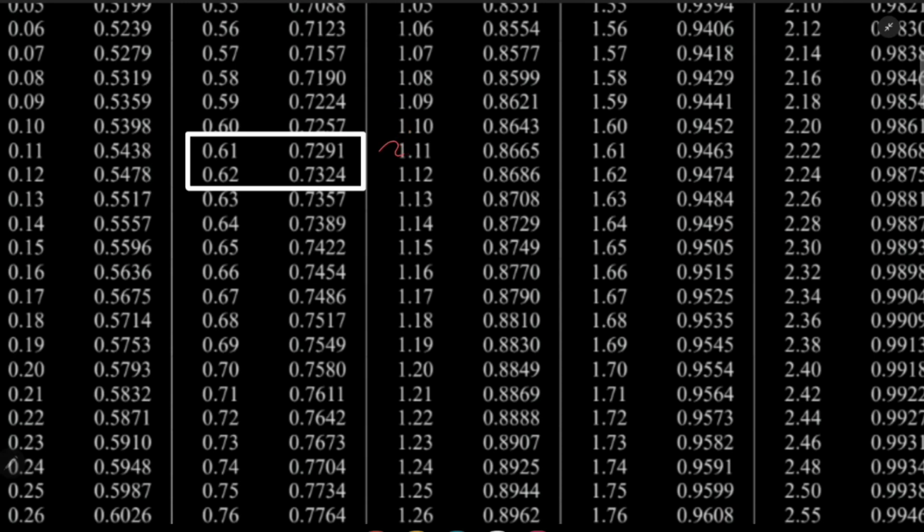So my probability was 0.731. Its difference from 0.7291 is 0.731 minus 0.7291.